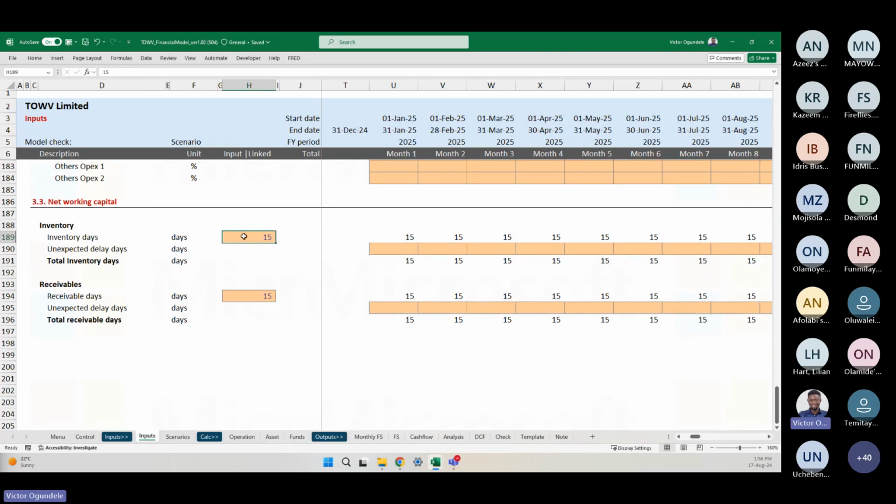For the inventory, inventory includes them getting the raw material from the supplier, then taking that into the store, into their factory to process, and now being able to get the product out of the store. That's what we actually call the inventory days. So the period it takes you to get your raw material from your supplier, do the processing, get it ready in your store, and then go out of your store to the distributor.